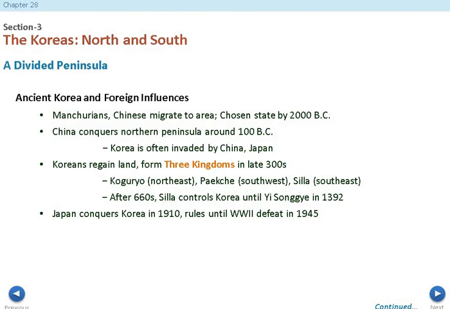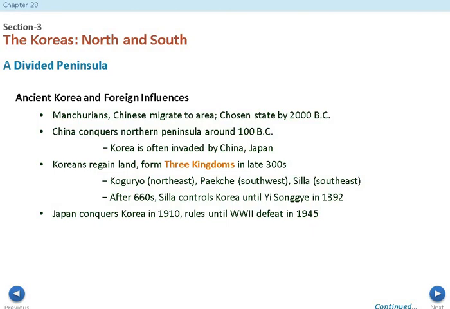So what we see is that the Manchurians, the Chinese, are going to migrate to this area that we're talking about. The Choson state is going to be here in about 2000 BC. Now Han conquers the northern peninsula around 100 BC. Korea is often going to be invaded by China and Japan throughout their history. Korea regains their land, and they're going to form the Three Kingdoms in the late 300s.